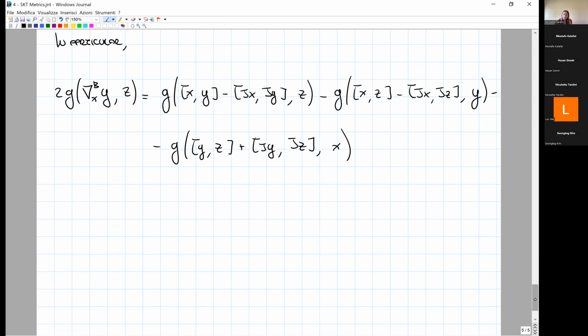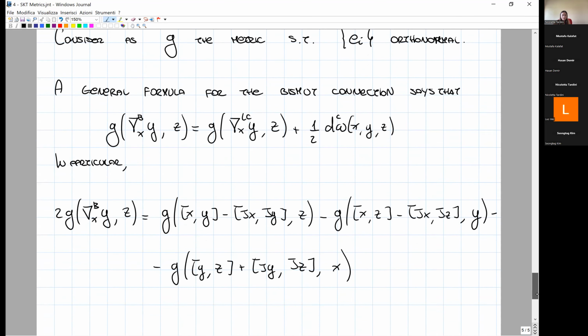So what does it mean? It means that you can compute the Bismut connection explicitly on the Lie algebra using the basis.